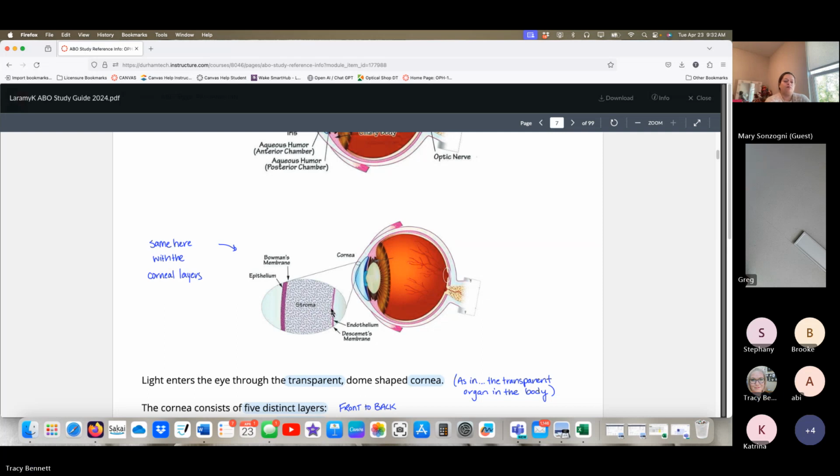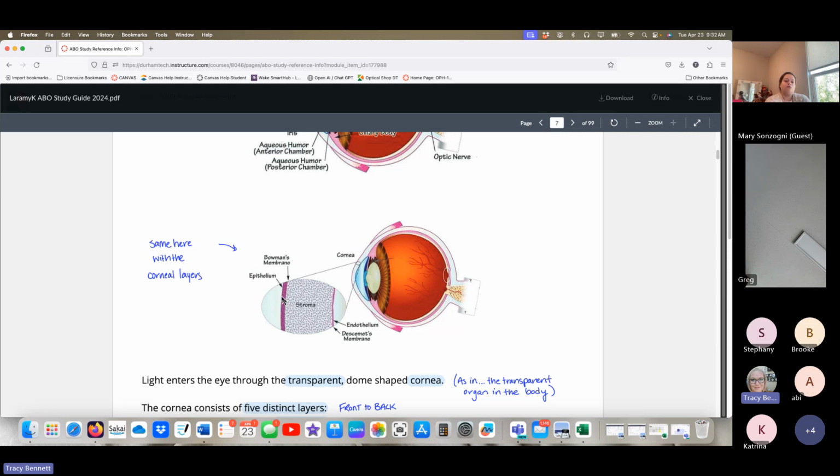And then you've got Descemet's membrane, which separates the stroma from the endothelium, which is the inner layer. And you can see the thickness here. Remembering that the epithelium is 5 to 6 layers thick is really important because the endothelium, the one on the inside, is only one cell layer thick.